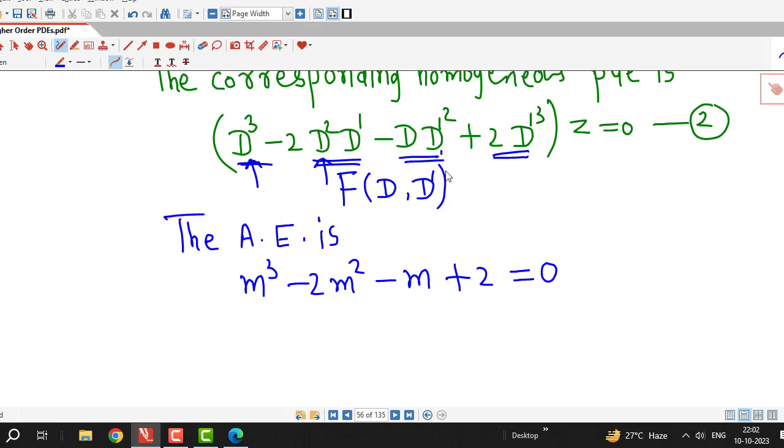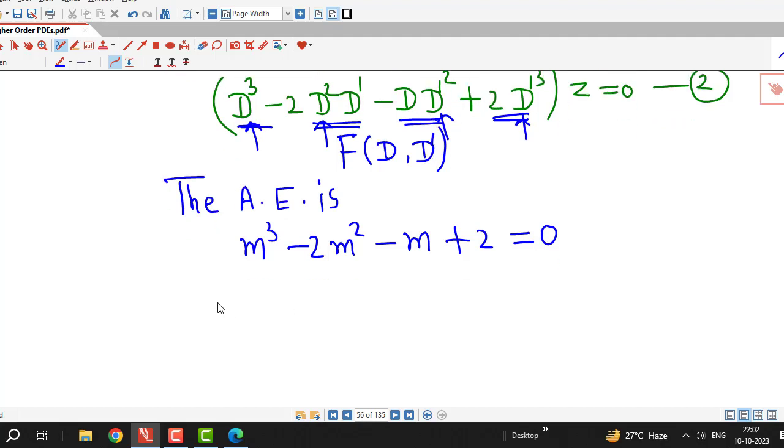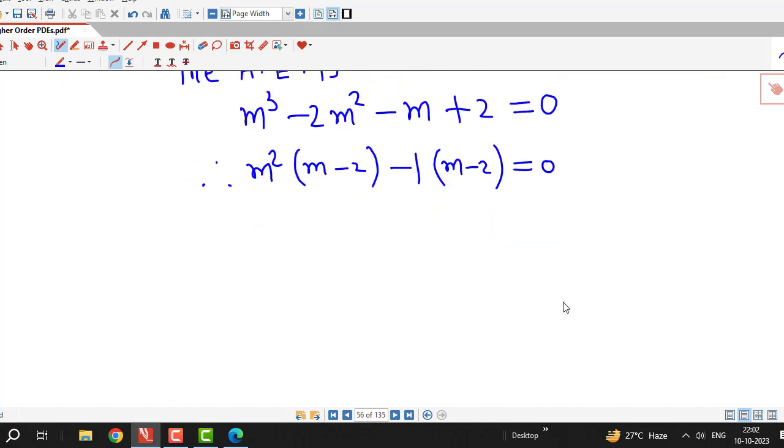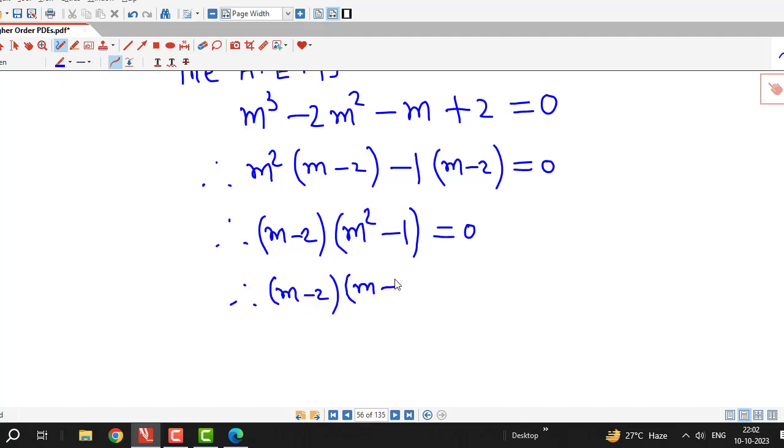So here I am replacing D by m and D dash by 1, that is m cube minus 2 m square minus m plus 2 equal to 0. If we simplify this, we can take m square common from the first two terms, giving m minus 2, and take minus 1 common from the last two terms, giving m minus 2. Again I can take m minus 2 common, and I am left with m square minus 1 equal to 0, and m square minus 1 can be written as m minus 1 times m plus 1 equal to 0.